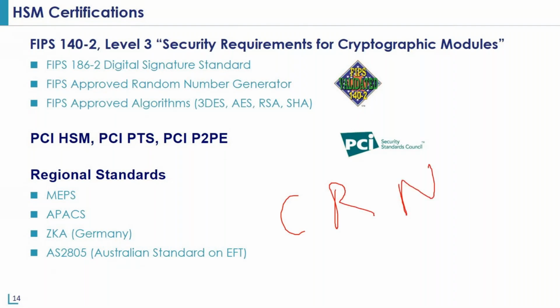With every release of PayShield 10K, we release a Customer Release Note. That note has information about what versions and what certifications the product has achieved, or what the plan is, what the expected certifications are which are currently submitted and we are waiting for the response. So please always check the Customer Release Note.